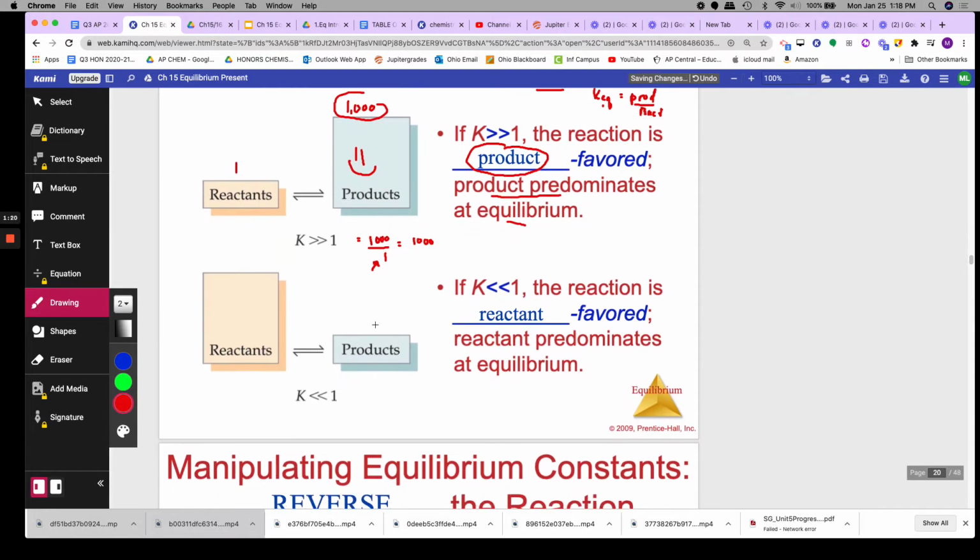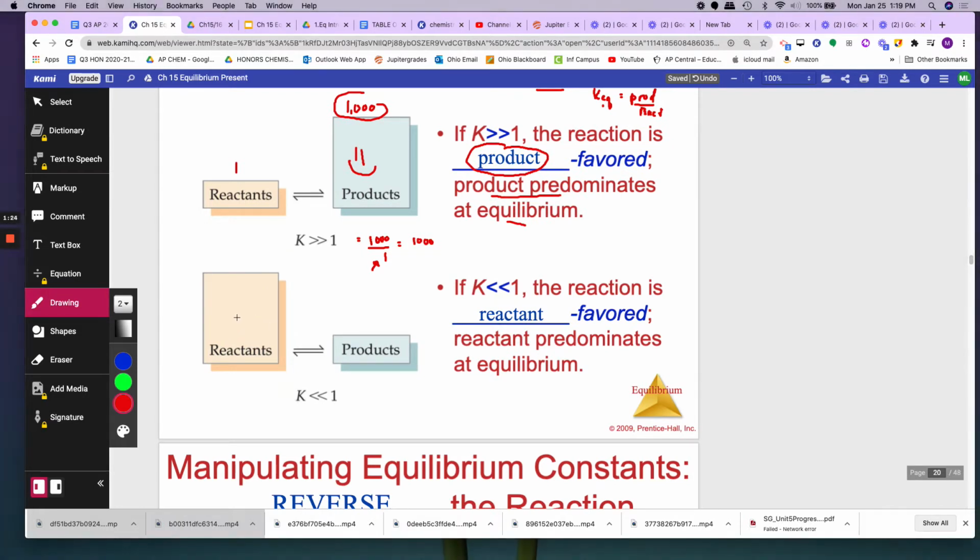If you do the reaction and you look into the beaker and you have 1,000 of these left over and only one product, and you wait 1,000,000 years and it's not proceeding, that means you have reached equilibrium, because it's no longer changing. And so if you see the ratio, it's going to be products over reactants, 1 out of 1,000.